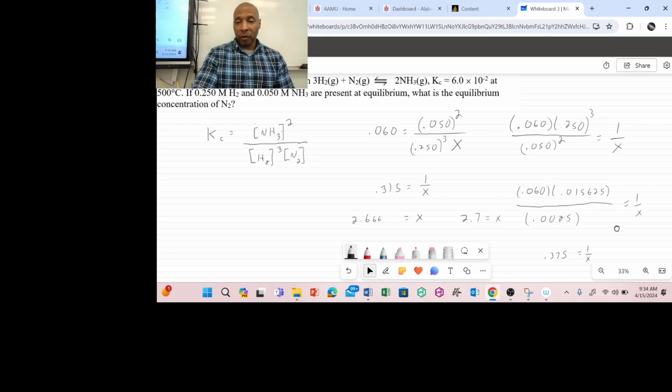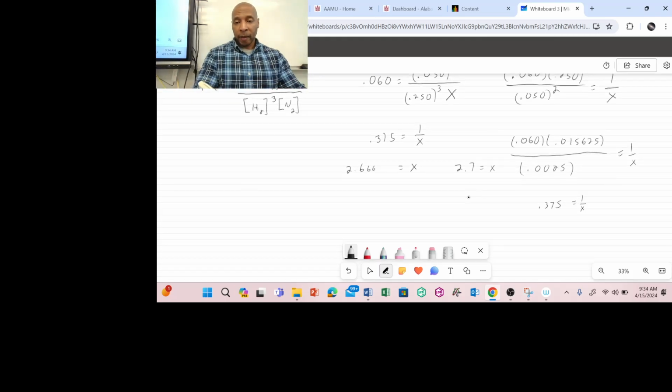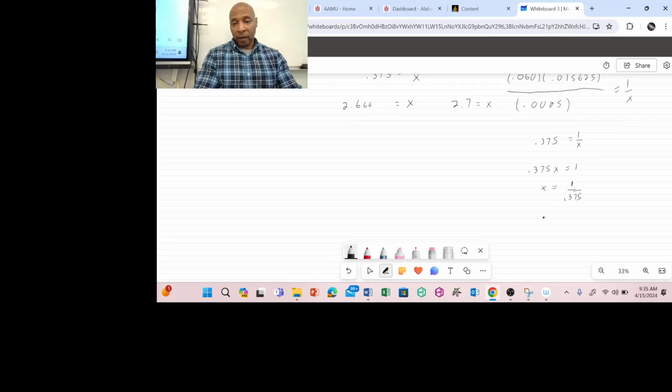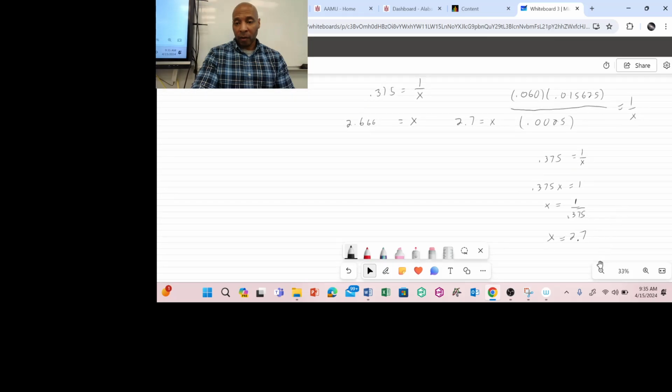Then I get the reciprocals. So 0.375x is equal to 1, so x is equal to 1 divided by 0.375. So x is equal to 2.7. Okay, y'all with me?